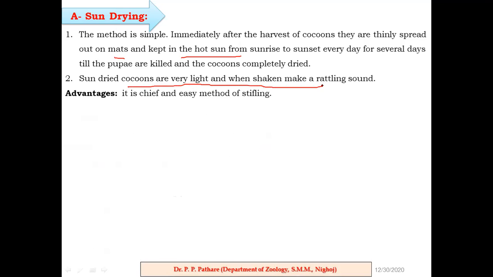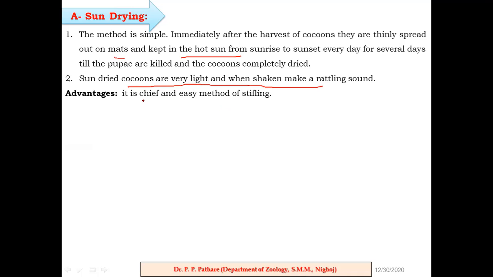Next important point, that is the advantages of sun drying. The first advantage of sun drying is that it is a very cheap and easy method of stifling.